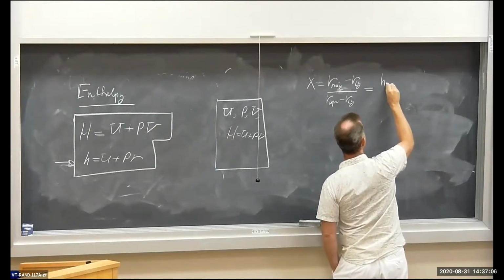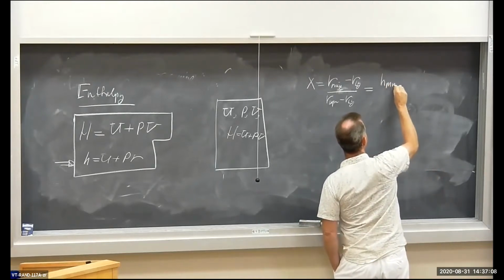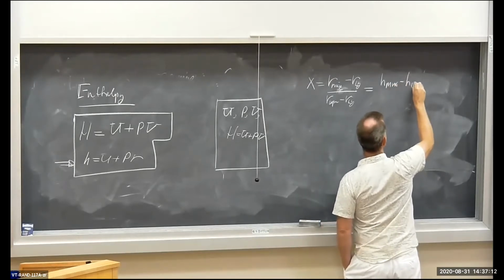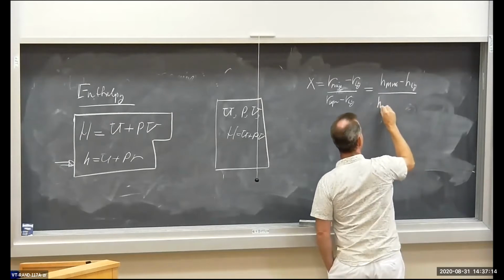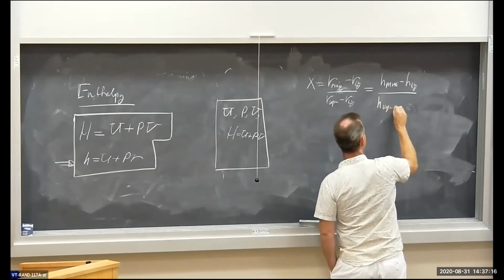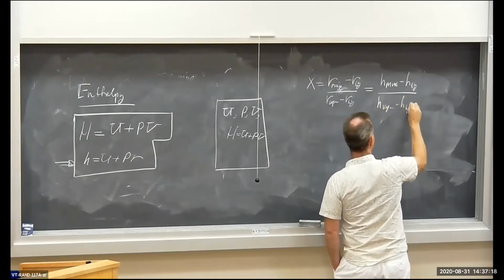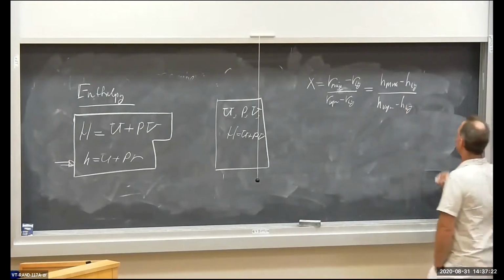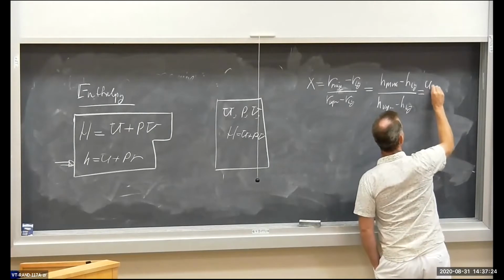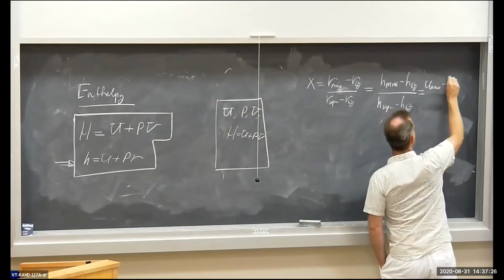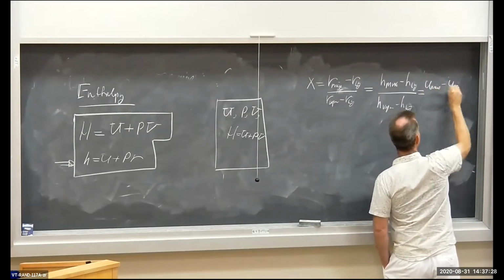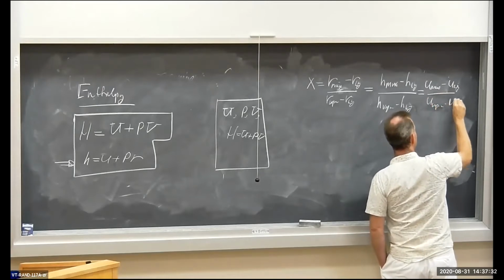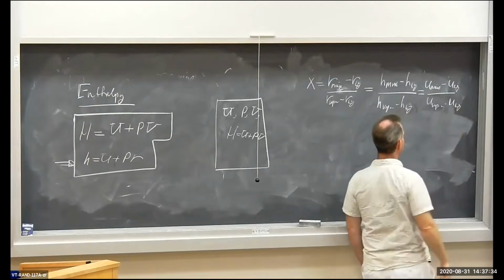So I can write this, H mix minus H of the saturated liquid over H saturated vapor minus H of the saturated liquid. So I can write this as well, and I can write it with U's. Remember, U mix, U saturated liquid, U vapor, U saturated liquid, okay?